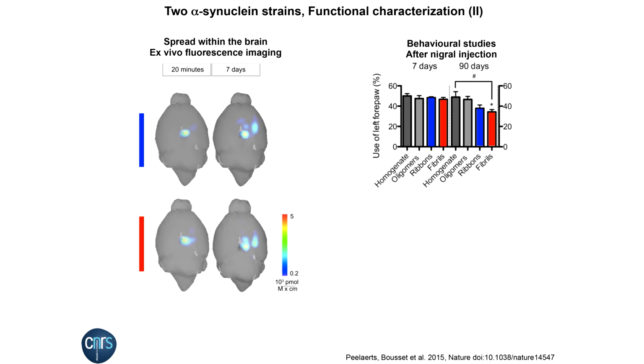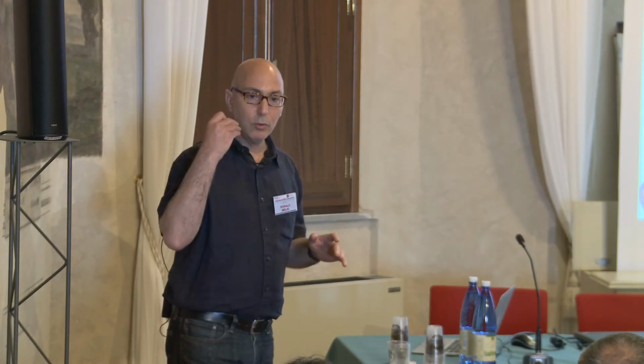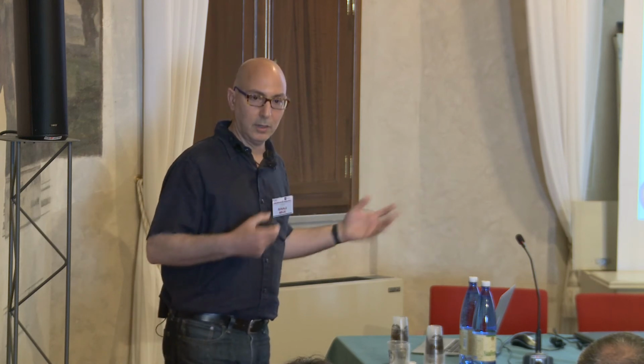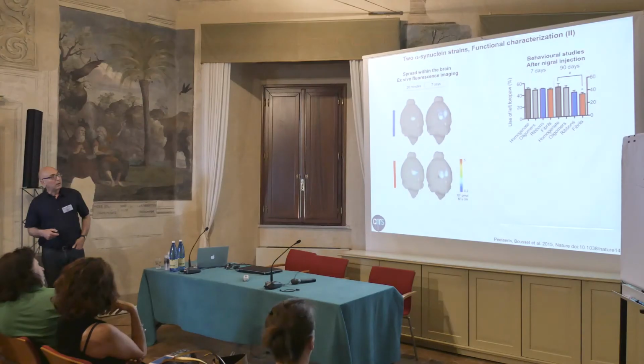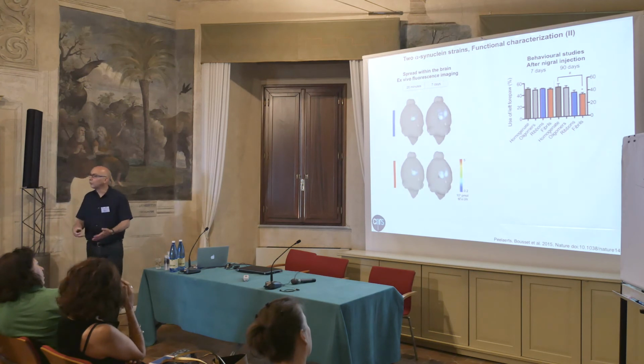We looked at the behavior of these animals which were injected with these aggregates. So we are injecting in one side and looking at the consequences on the other side of the body. And what you see is that 90 days after injecting these aggregates, but not the oligomers, you see a sort of physiological consequence.